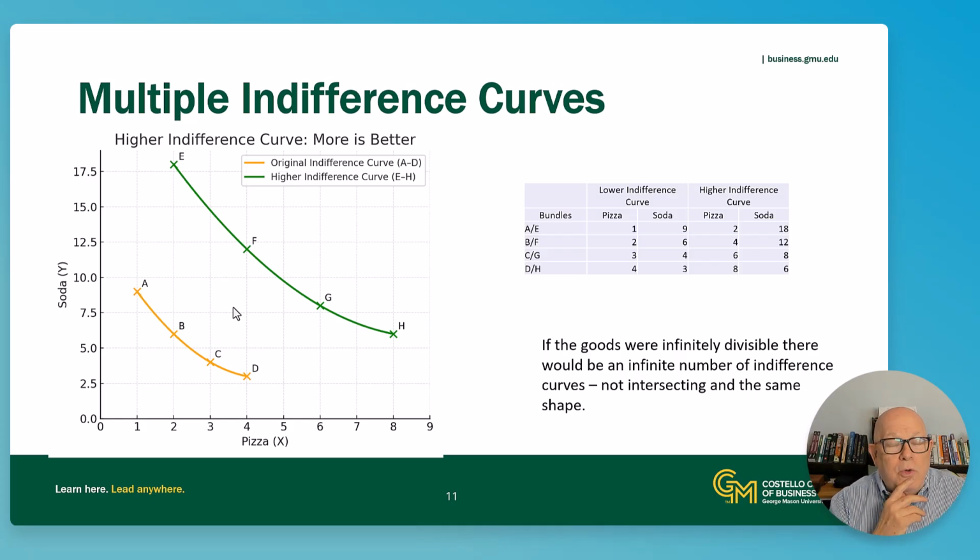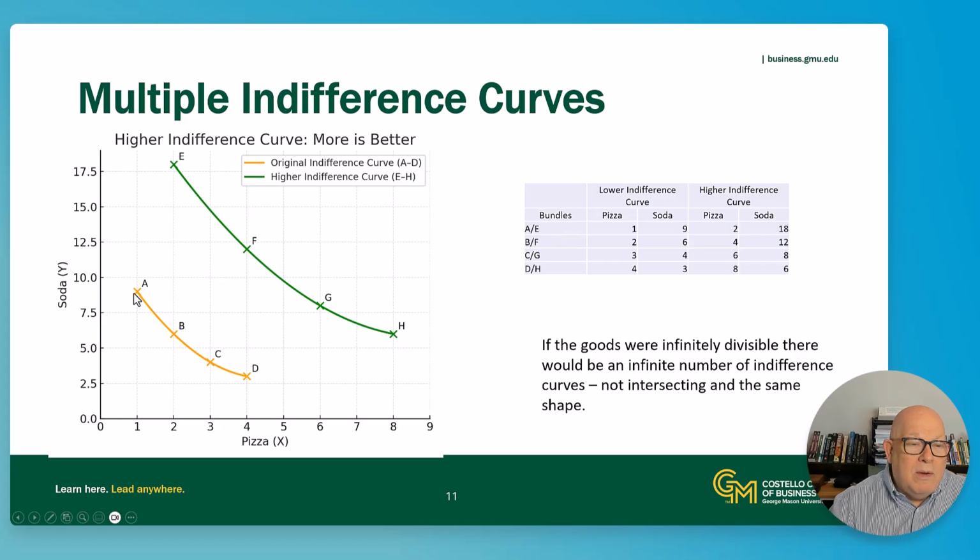So individuals actually have multiple indifference curves. I gave you this curve earlier for the bundles A, B, C, and D, and those are repeated here. But now I'm putting another indifference curve up here that is the same proportion in the bundles as bundle A. So I've simply doubled everything. 2 pizzas versus 1 pizza, 18 sodas versus 9.